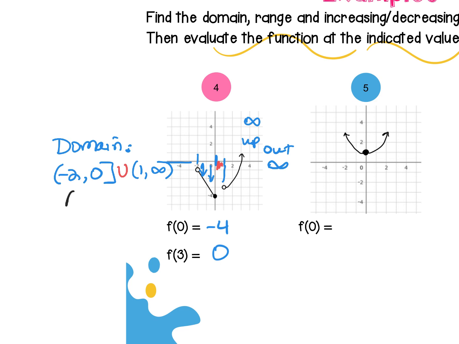For the range, we're going bottom to top. So the first thing I encounter as I'm going up is a point right here at -4. Closed circle, so it's a bracket.